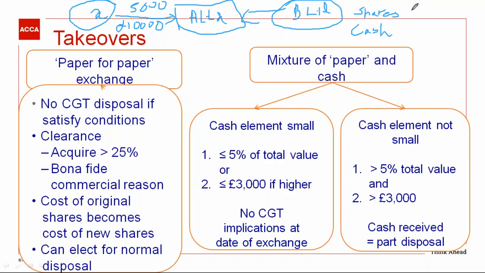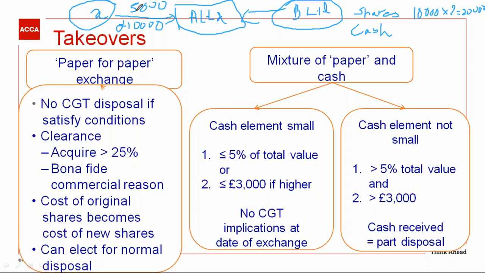Assume you receive 10,000 shares, which have a market value of £2 each. That means 20,000 pounds. And assume at the same time you receive cash of £1 for each share that you held in A Limited.